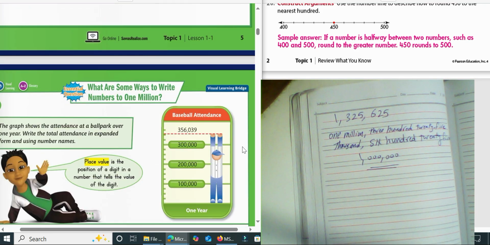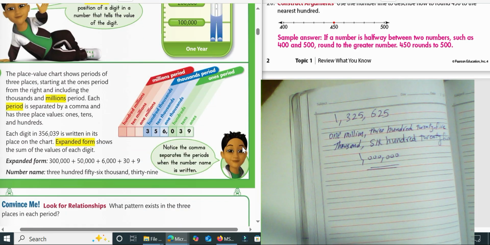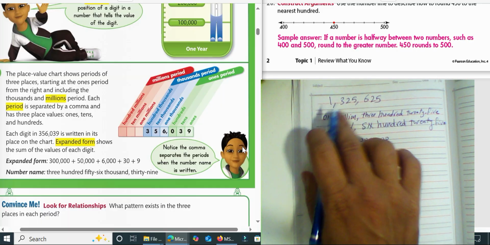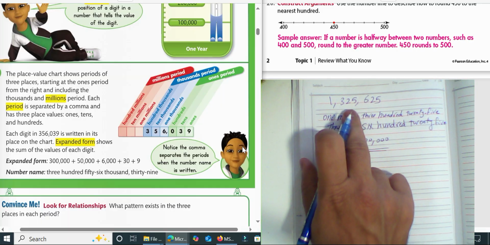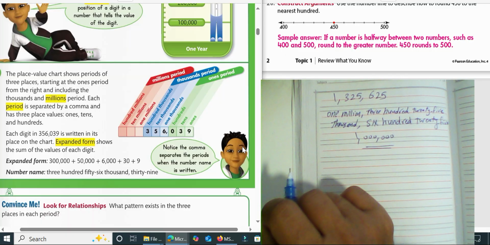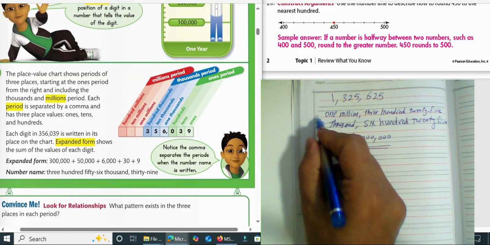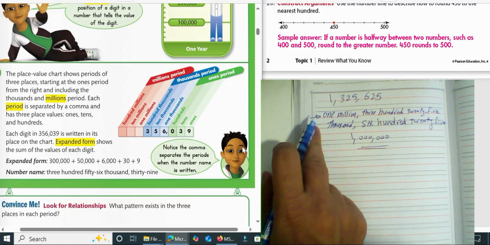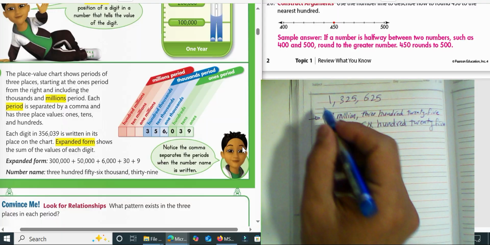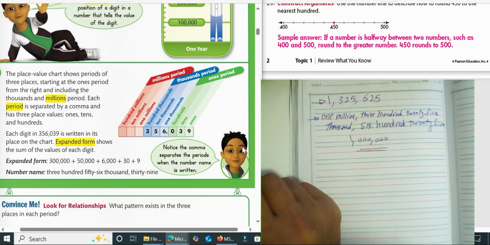Okay, look with me. We have millions. We can divide this number into groups of 3 digits, and this period we call the million. We call this the word form, the name of the number, the number name. And this format we call standard form.